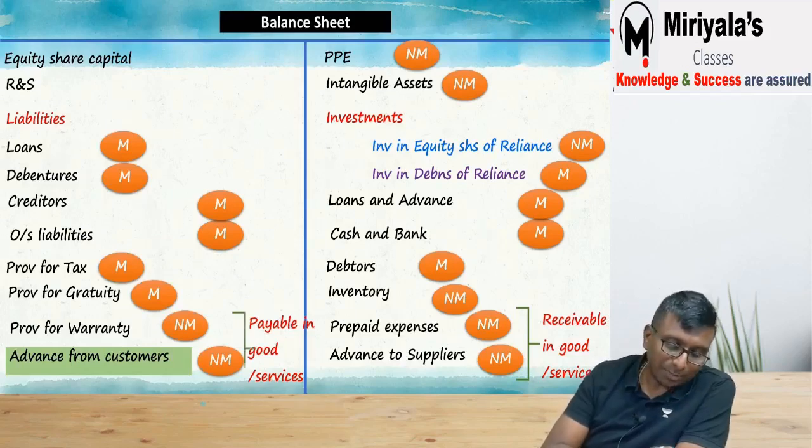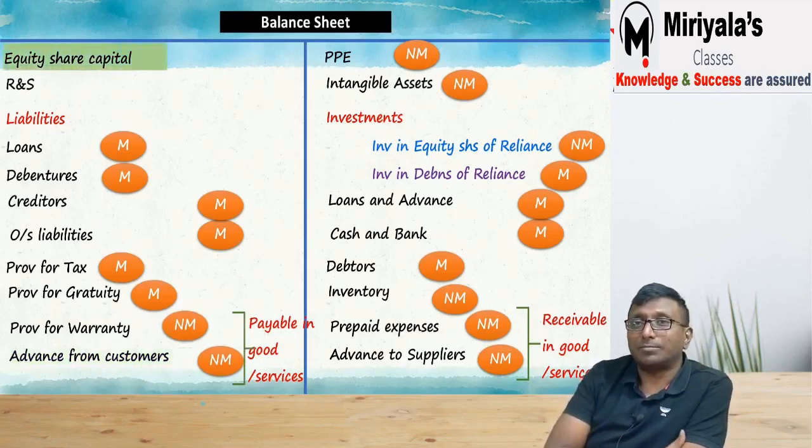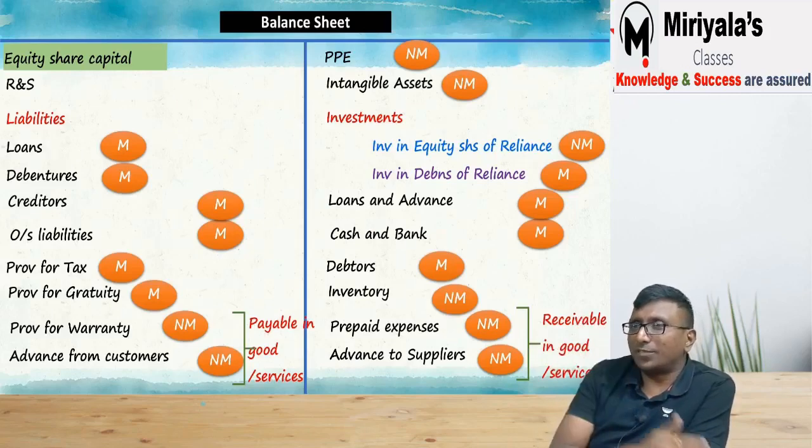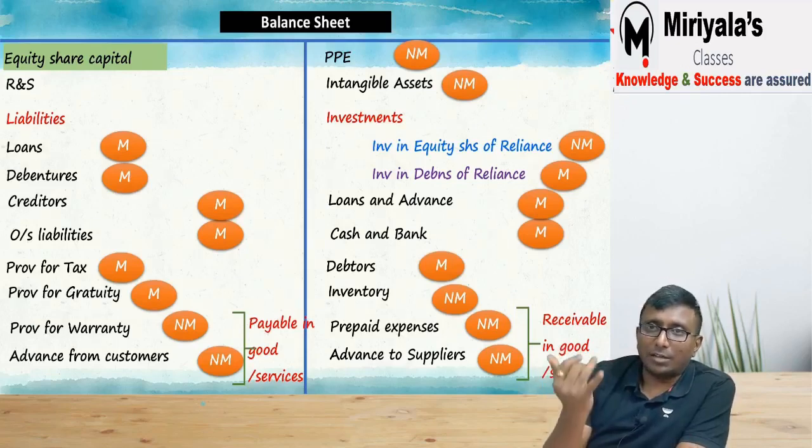What about equity share capital? This is all over; we are left with the above ones. Say equity share capital: monetary or non-monetary? Sure, non-monetary. Why? We are not liable to pay. First of all, what is the definition of monetary? Money held, and asset or liability, payable or receivable.